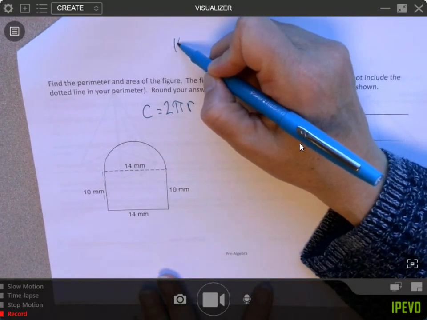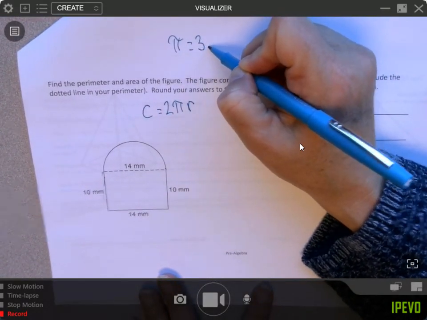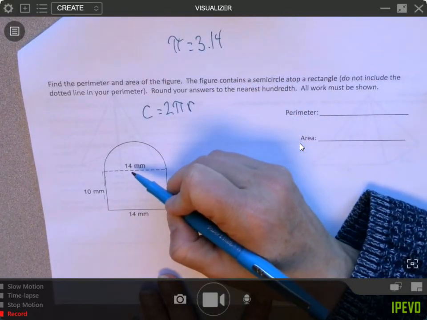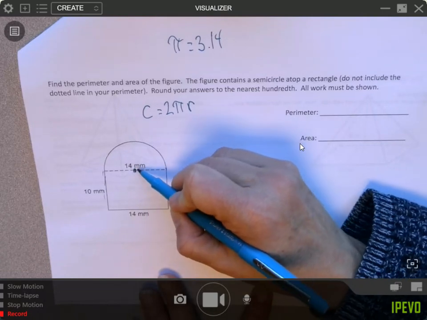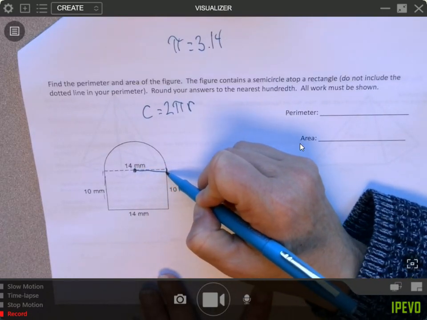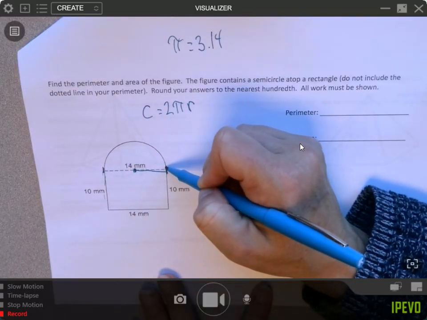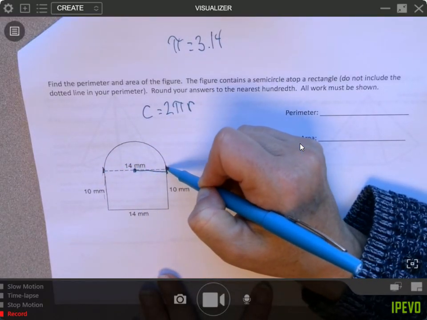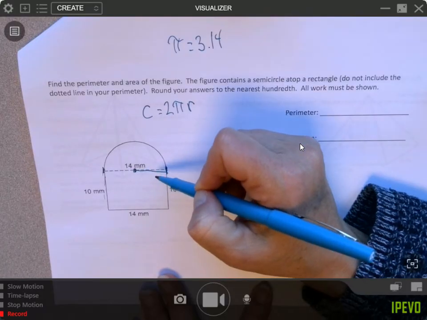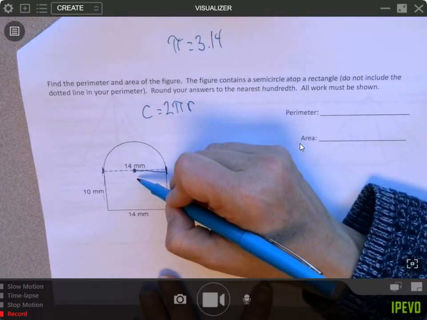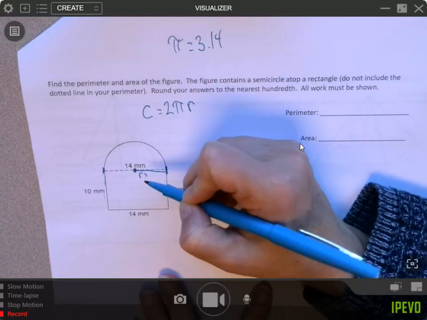Now pi equals rounded 3.14. R is the radius of our circle. The radius goes from the middle to the outside of the circle. What they gave us is the diameter going all the way from end to end. The radius is half of the diameter. So if we know our diameter is 14, what would our radius equal?